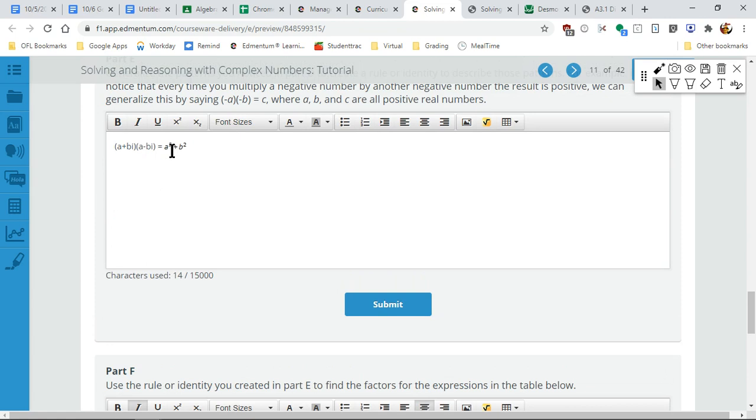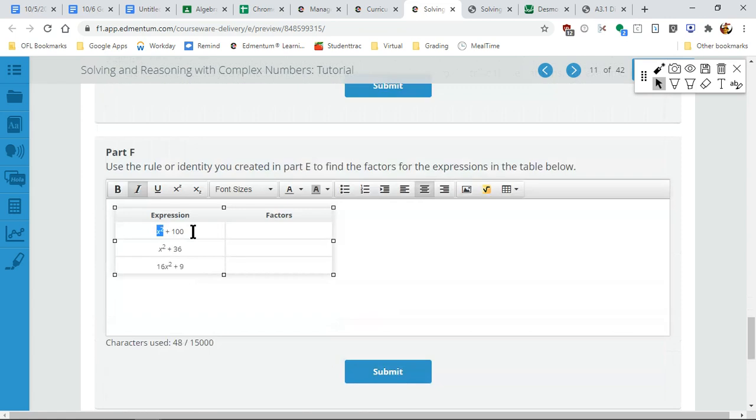This is my a squared from right here, and this is my b squared. The square root of x squared is x. The square root of 100 is 10, but I'm going to put an i because this is a sum of squares. And I have to multiply that by the conjugate.